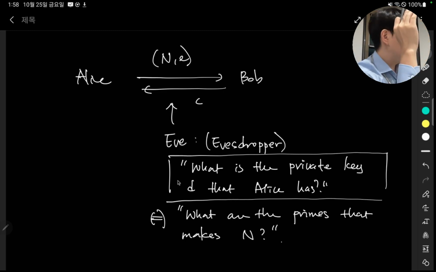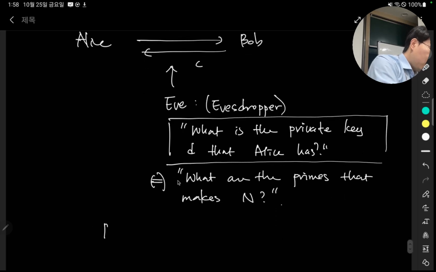So Eve wants to find a clever way by saying that if I could find the primes that make up the number N, then I can find what D is, because if I know the primes, then I know what P minus 1 times Q minus 1 is, and I know what E is, which is the public key.